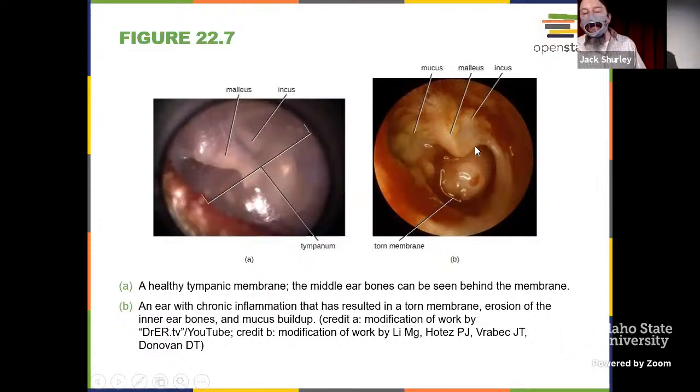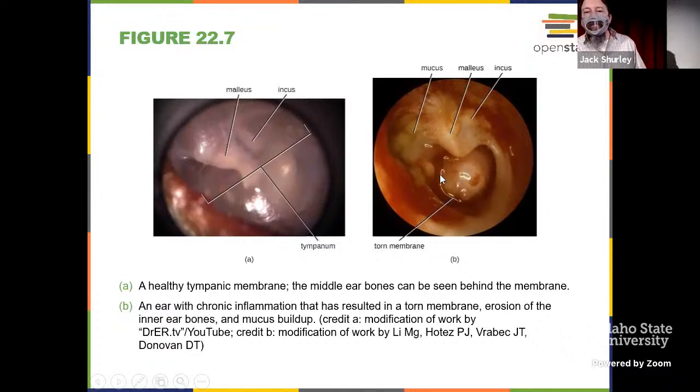On the other hand, with an infection, there's all sorts of issues: chronic inflammation, torn membrane, and potentially erosion of those bones. Hearing loss is definitely a potential in these circumstances in a chronic situation.